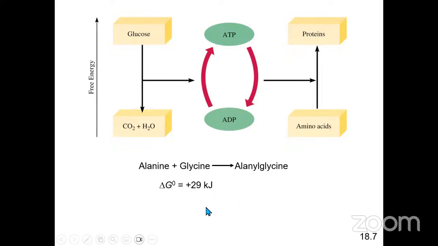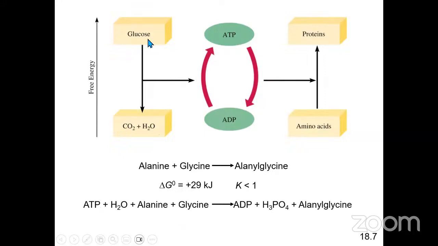So how does it happen? Well, basically, as a result of this spontaneous process, which provides energy to convert ADP to ATP, that process results in ATP releasing energy to drive that non-spontaneous process.